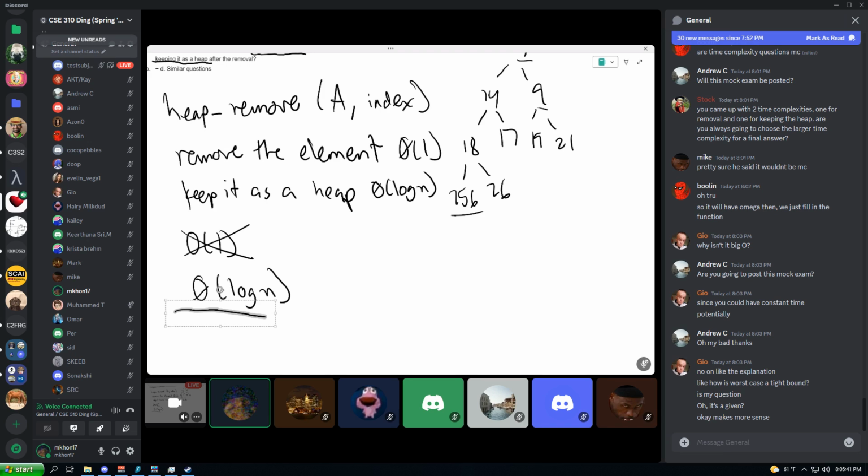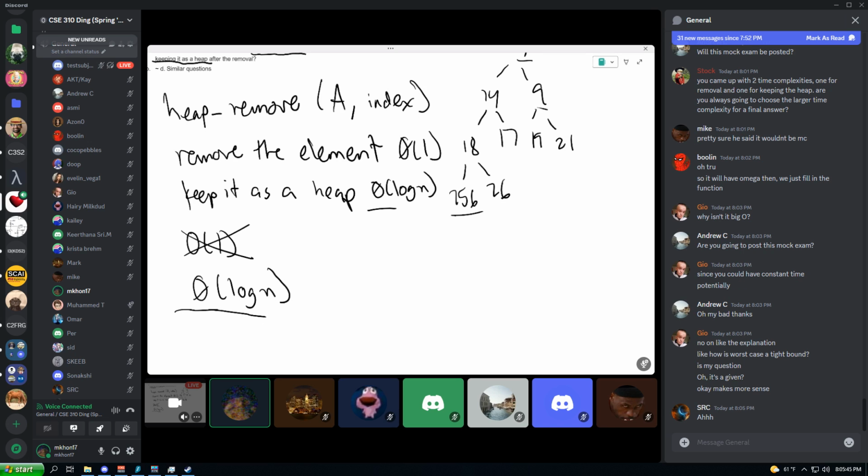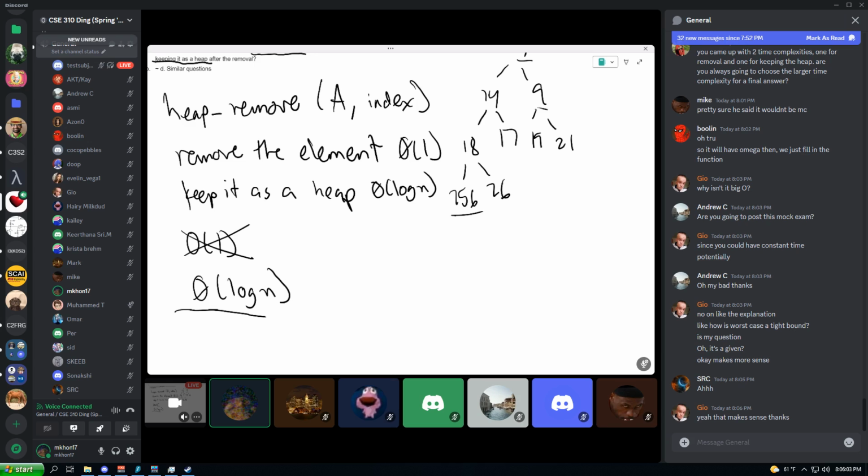And since essentially it's only one case, it should be theta, because it says worst case time. So it has to be theta because you're saying the worst case is always going to be log n. That's what theta means. It is just straight equal. You wouldn't say a worst case is 1 if you can also do log n, right? So that's why it's theta.